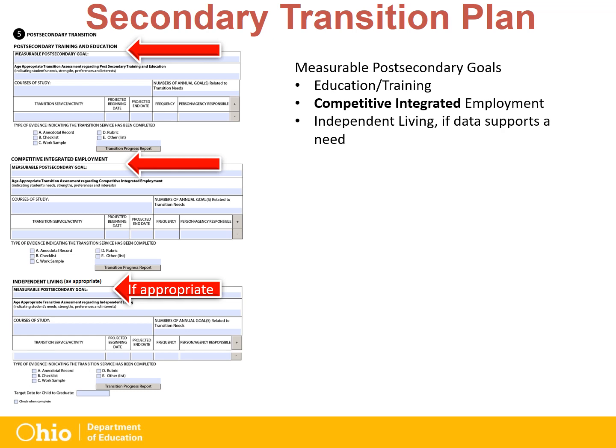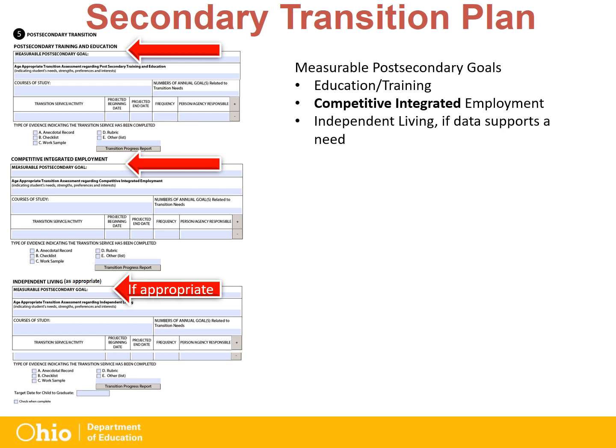Please note the revision of the wording in the employment goal to competitive integrated employment. The Ohio operating standards for the education of children with disabilities indicate that competitive integrated employment should be the first consideration for all individuals, including those with the most significant disabilities. As such, IEP transition plans must reflect this employment outcome.